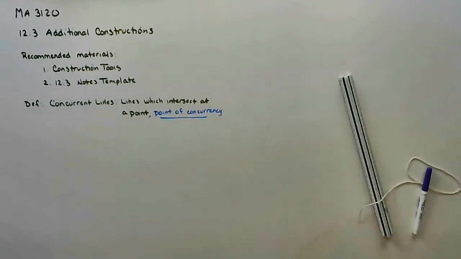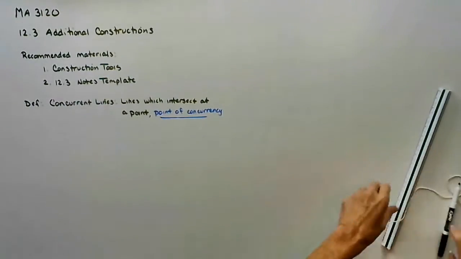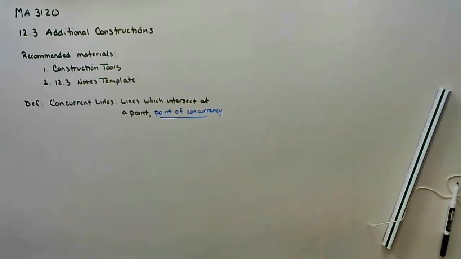Okay? Now, as we start our constructions, we're first going to learn how to construct parallel lines. And we're going to do this in two different ways. Let me erase this so that I can put them next to each other.